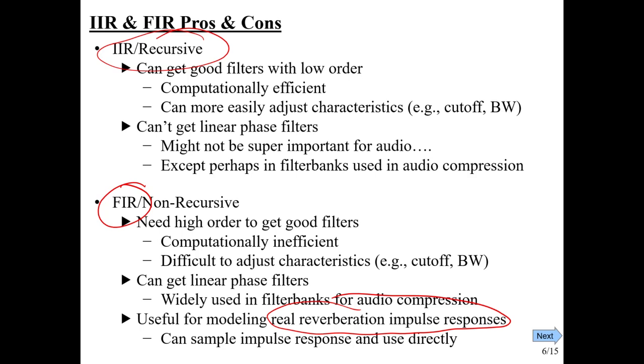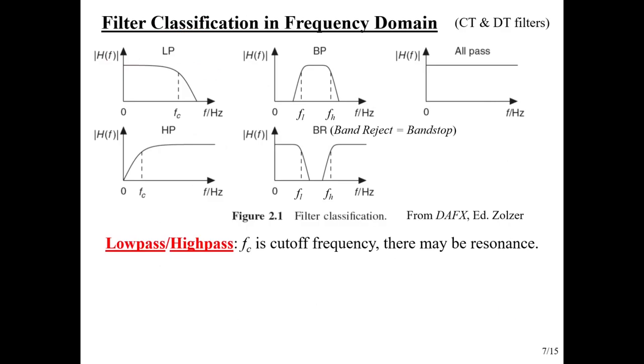So even though the room technically has an IIR response, we can truncate it, and now we have an FIR response, and we'll use that as a model for how that room is imparting that reverb sound on some signal. And we'll use that to build systems that will be able to emulate the sound of a room, which is very, very nice. Okay, so that was characterizing recursive versus non-recursive, or IIR versus FIR.